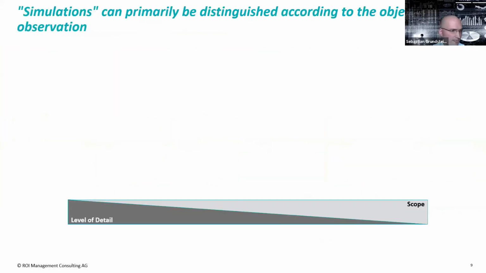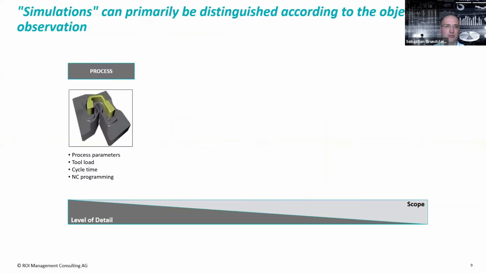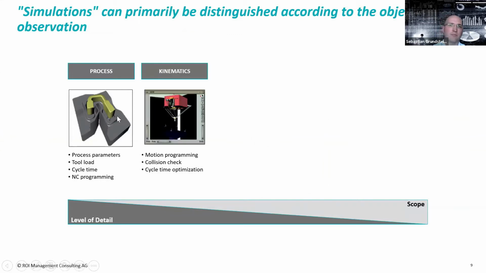First of all, 2 slides on the definitions, so that we have the same image in mind, because the word simulation is used for a large variety of solutions. If you are at a very high level of detail, you're talking about single processes like mold flow or NC programming, very detailed level.